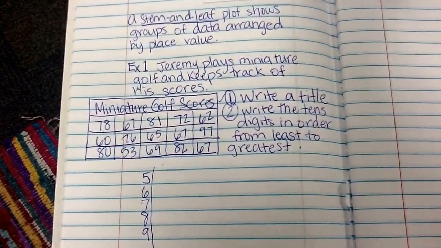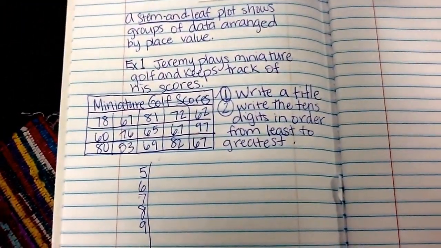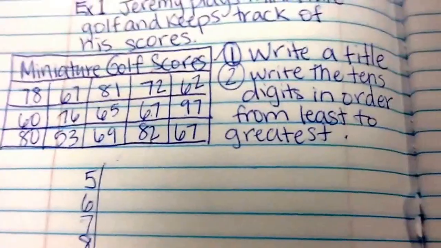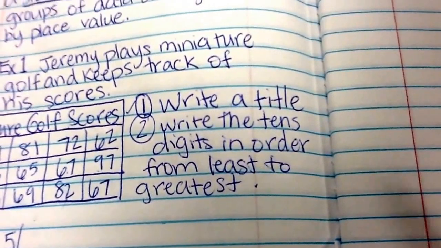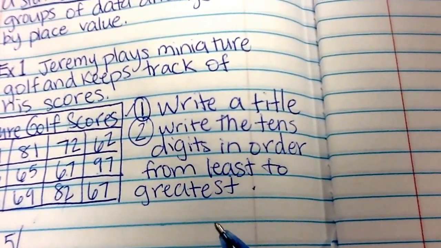Okay, again, if you need to pause this, which you probably do, go ahead and pause it now. I'm going to zoom in for you so that you can write that down. It says write the tens digit in order from least to greatest.